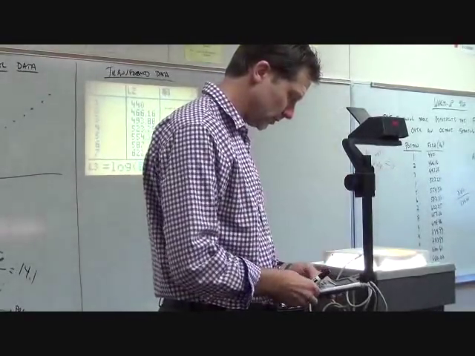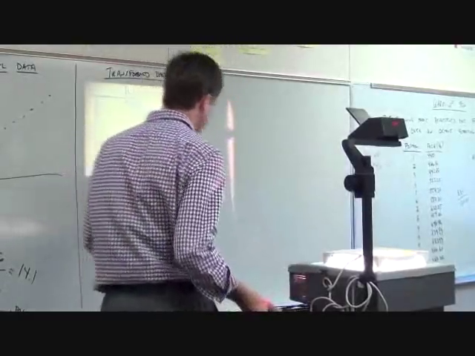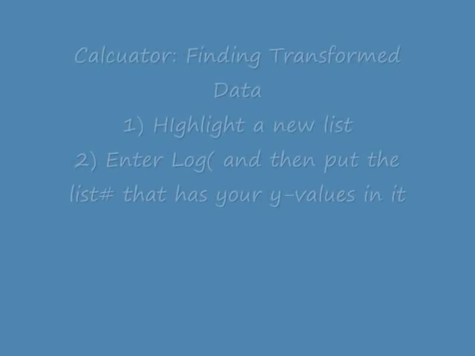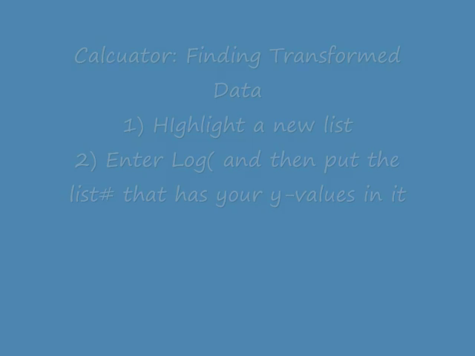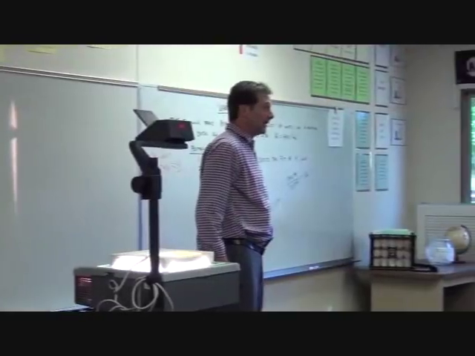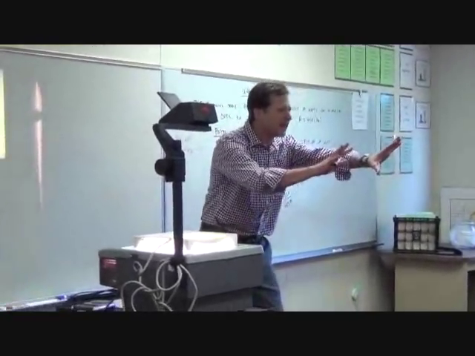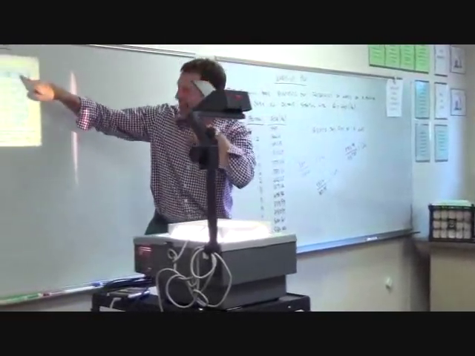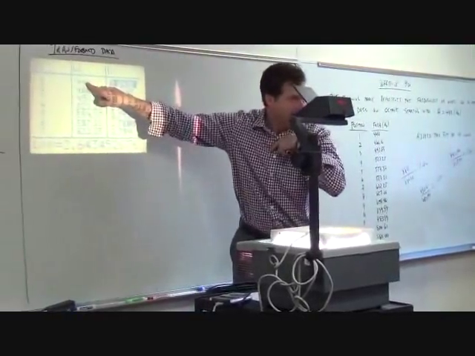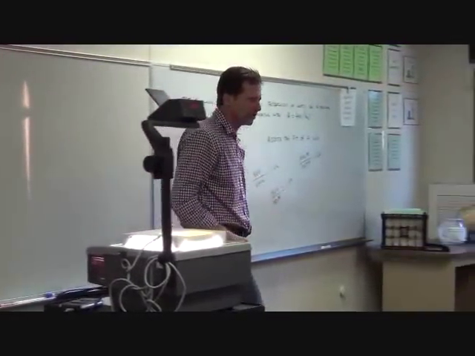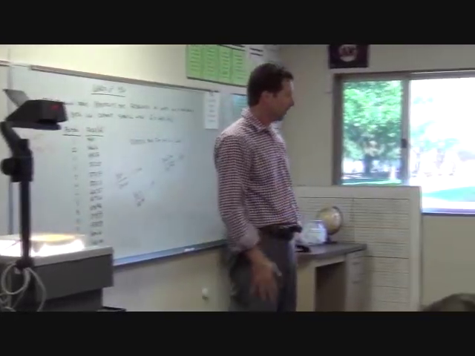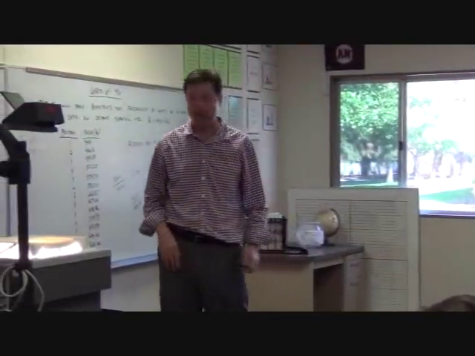Log of the L2s, and this is what I get here. Calmed them down a lot, didn't it? Now remember what that is, right? That means 10 to that power is that. That's what the logarithms are. It's just telling you what powers, in this case to the base 10, give you that final number.